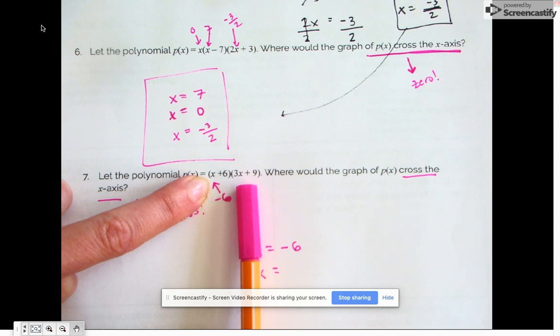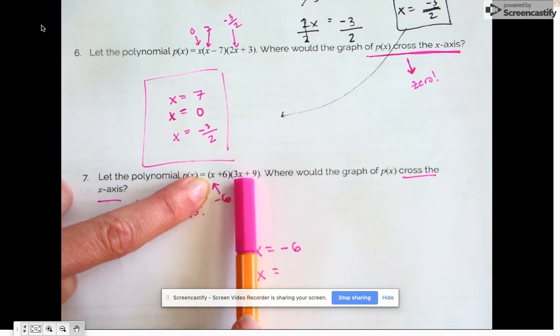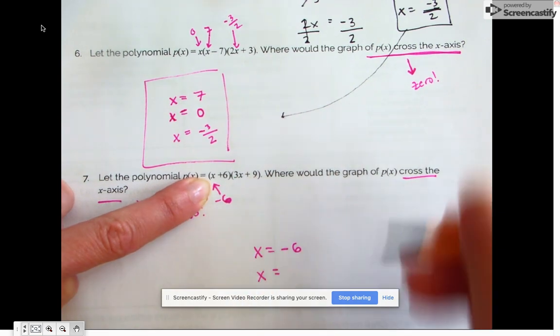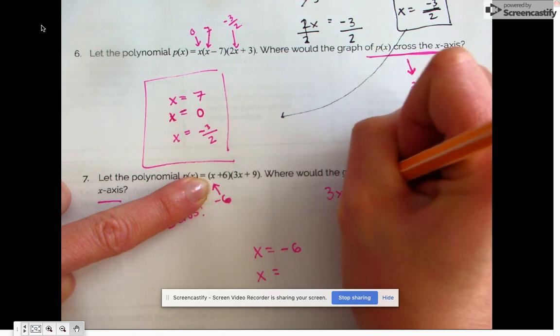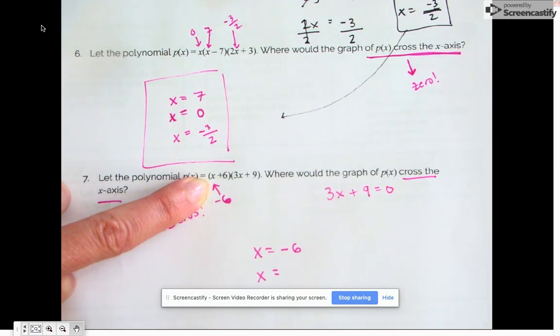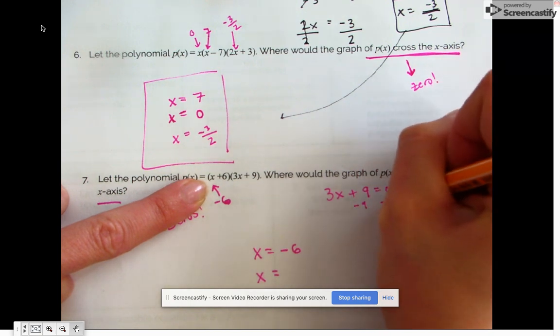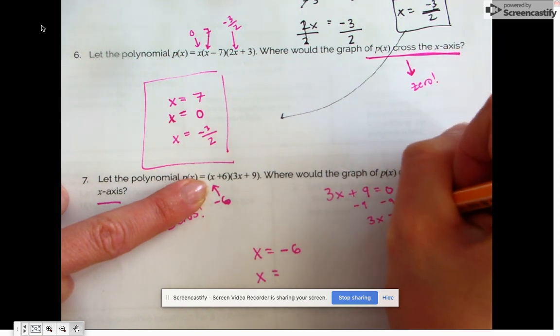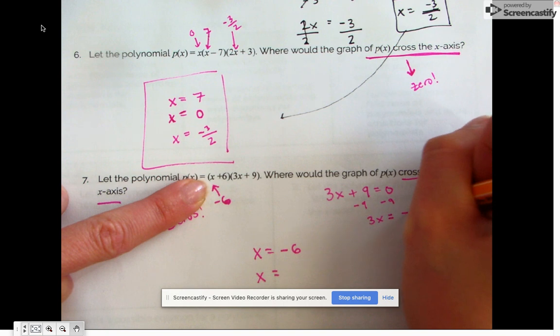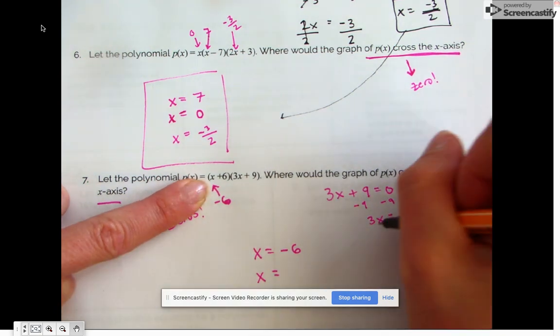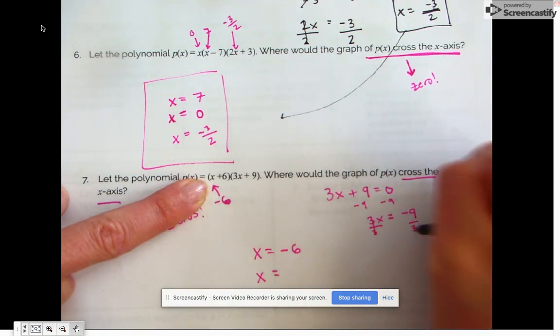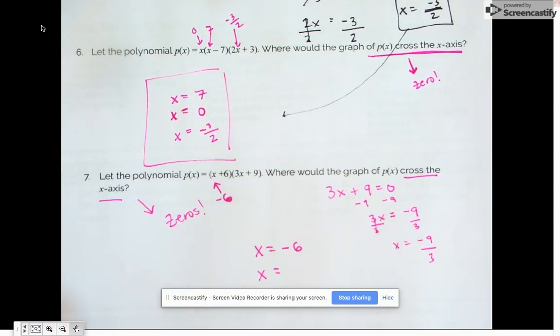This next one is again a little bit more complicated because it's 3x plus 9. So I have to set 3x plus 9 equal to 0, and I'm going to solve. So I get minus 9, 3x equals negative 9. Divide both sides by 3, and I get x equals negative 9 over 3.